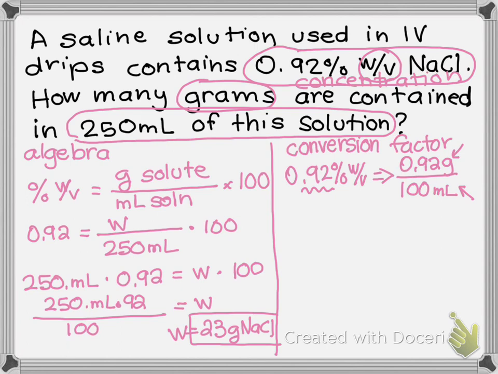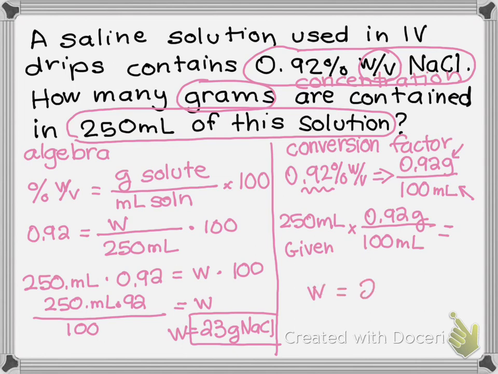So I start with what I was given, which was 250 milliliters, and I use the concentration as a conversion. I would put milliliters on the bottom and the 0.92 grams on the top. So then I get 250 times 0.92 divided by 100, and then my mass would equal the same answer, 23 grams of sodium chloride.